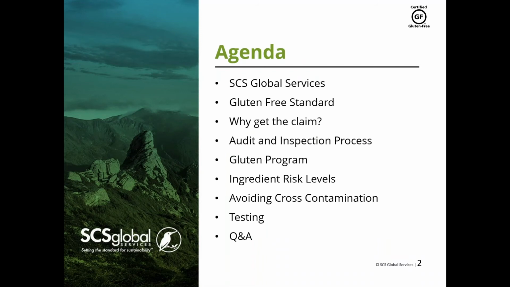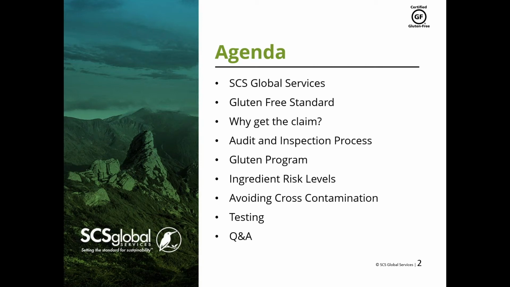So here's the agenda. We're going to be going through some general information first before we get to avoiding cross-contamination and testing, which we'll spend some time on near the end of the webinar.